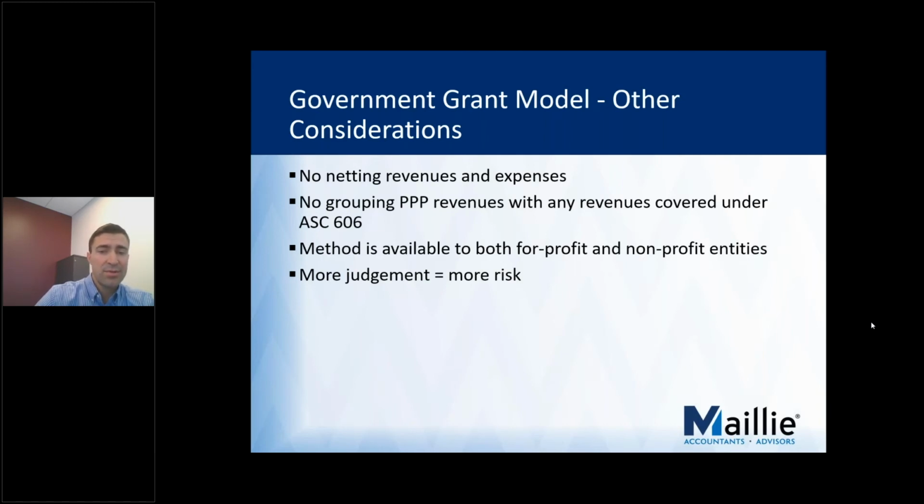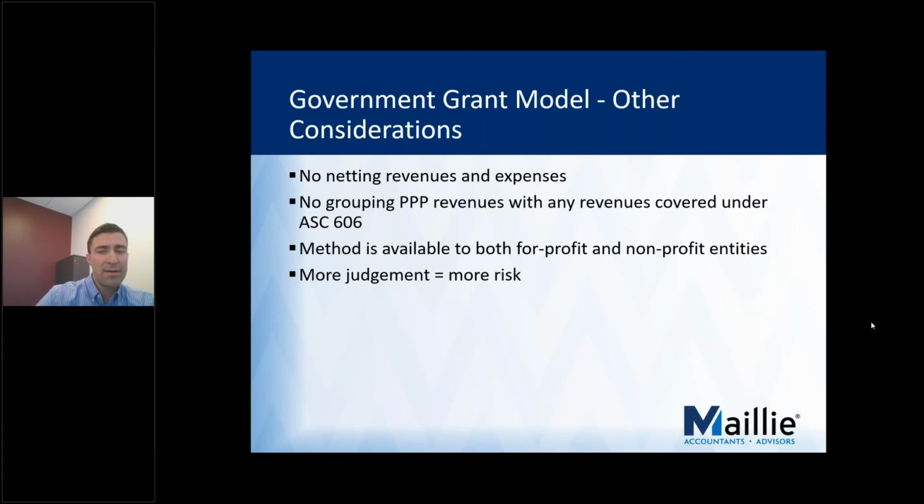And it's important to note, again, compared to the debt model, this introduces more risk because you're using judgment to identify conditions, and also then determining if those identified conditions have been met in order for you to recognize revenue.